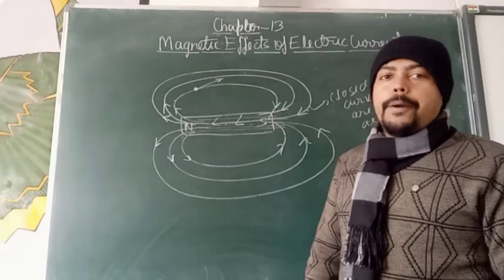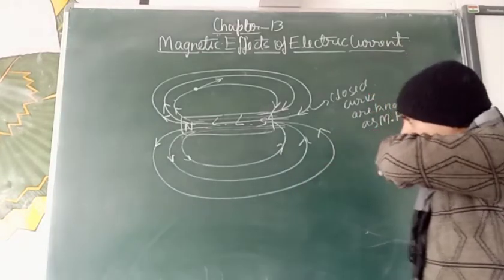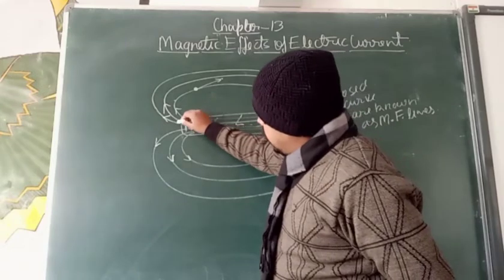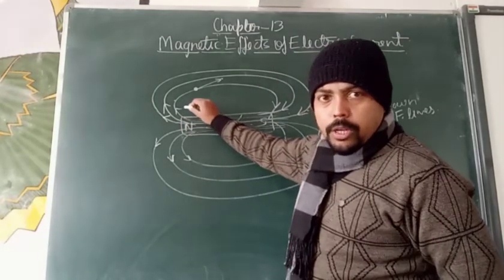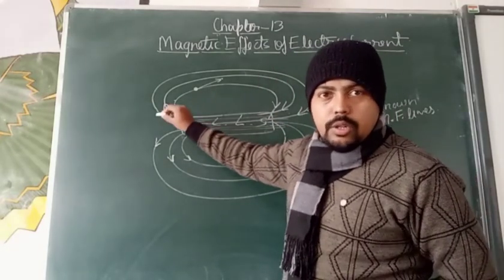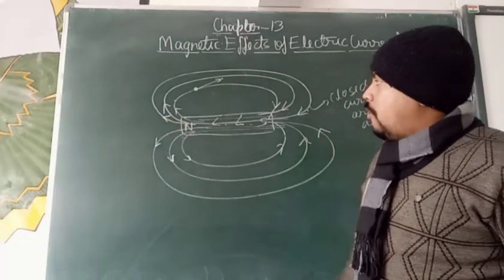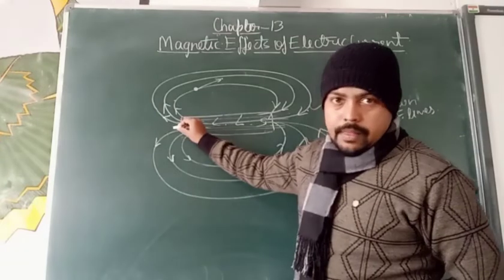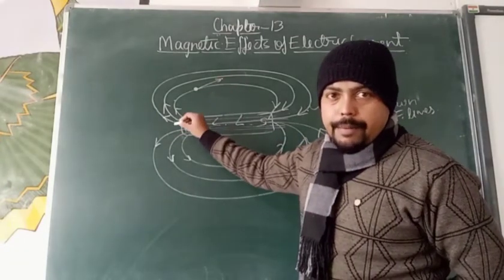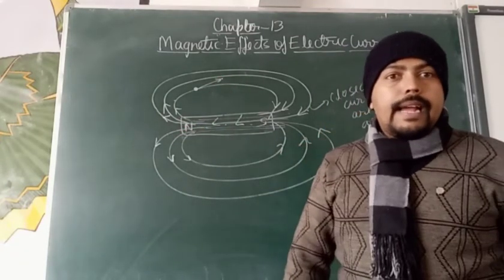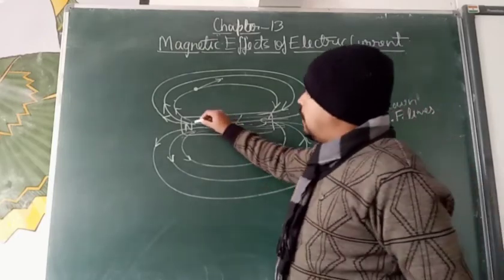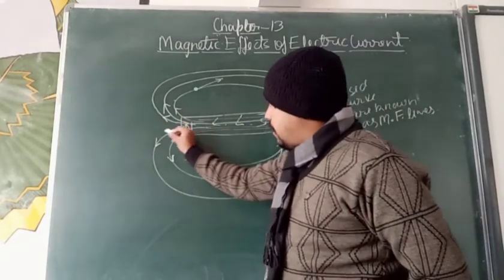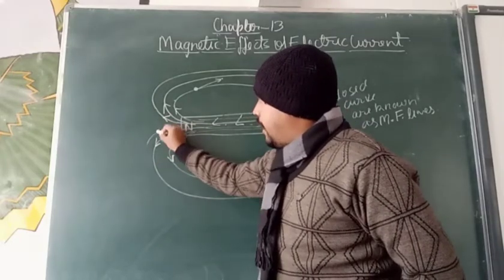And the second property is that if we are talking about this end, the north end of this magnet, and we come close to it and observe experimentally, then we will observe that the density of the magnetic field lines which are originating is more.